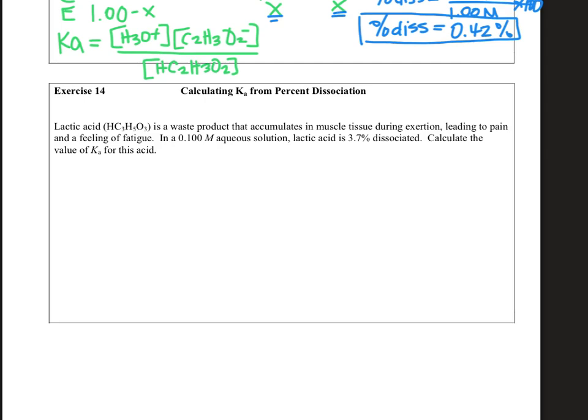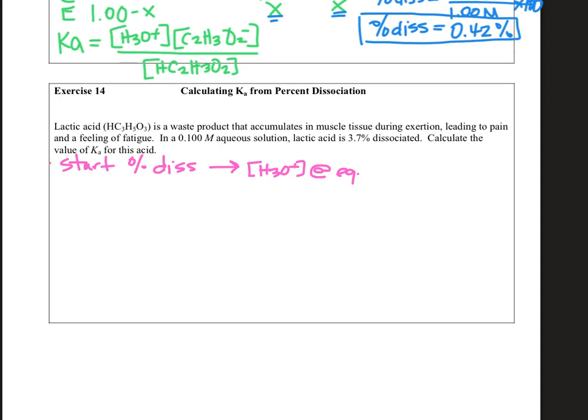You're going to start with the percent dissociation, and from that you're going to find the amount of H3O plus at equilibrium. So then you're basically working backwards in your rice table.